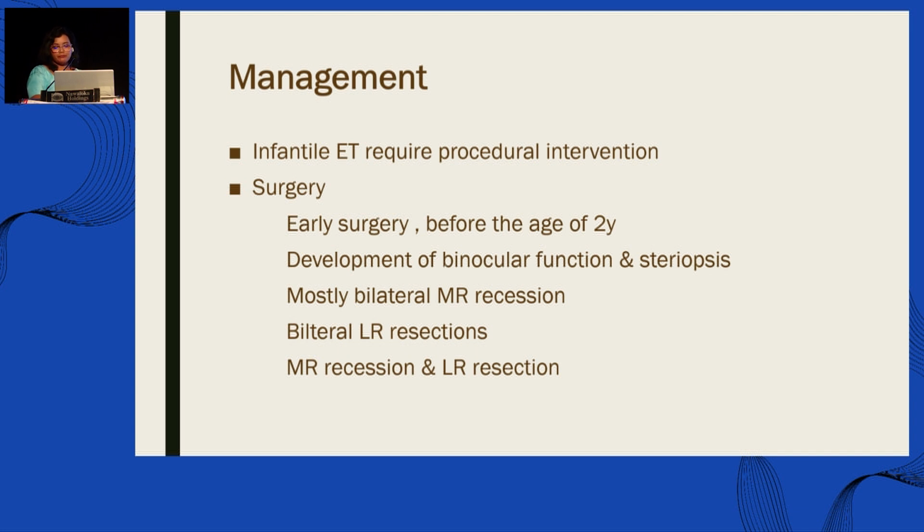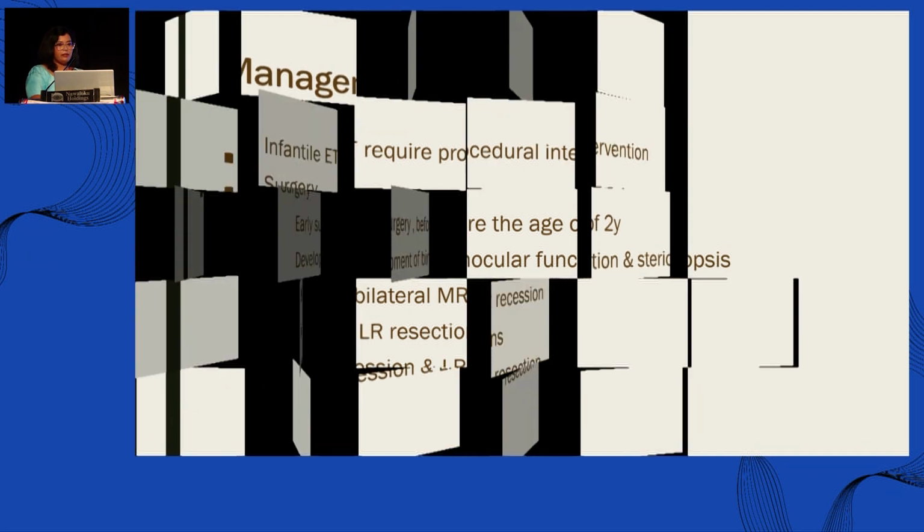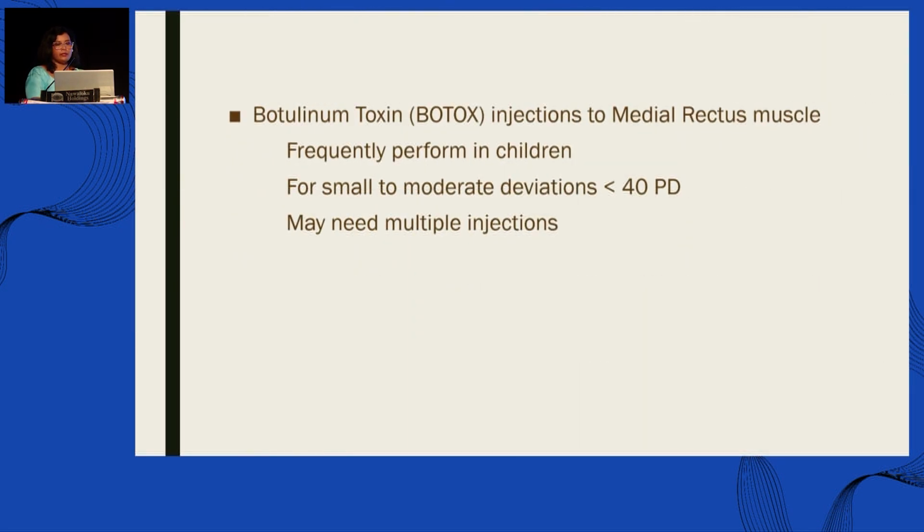A newer way of intervention is injection of botulinum toxin to the medial recti muscles to temporarily paralyze or relax them. This is also frequently performed in children now, mainly for small to moderate deviations, less than 40 diopters, and the dose can be 2.5 to 5 units, or at maximum up to 10 to 12.5.